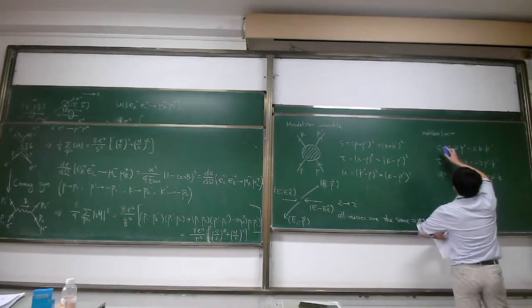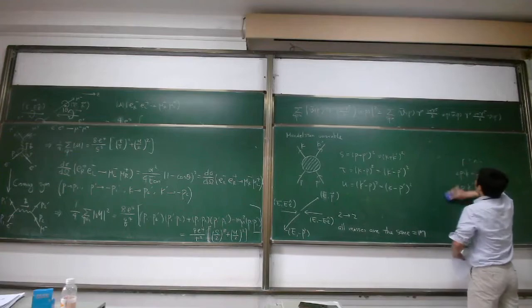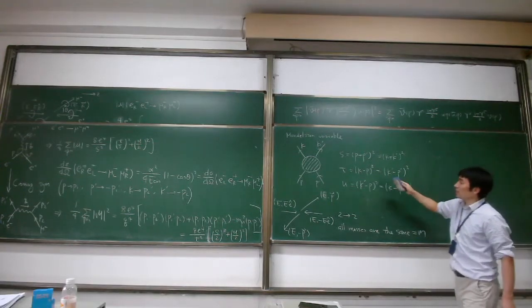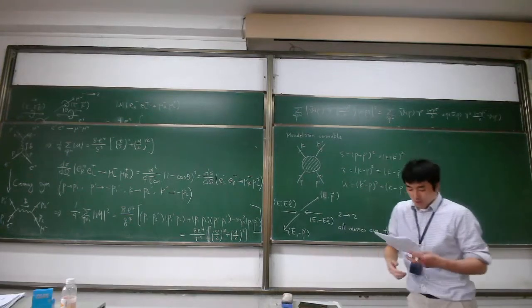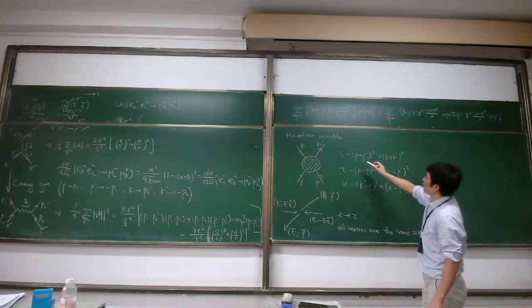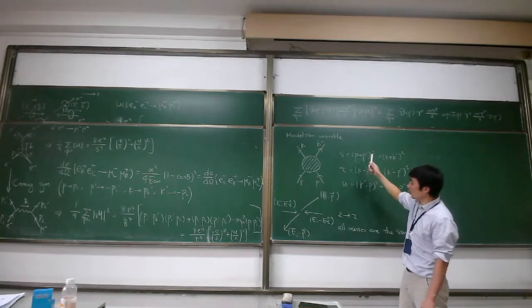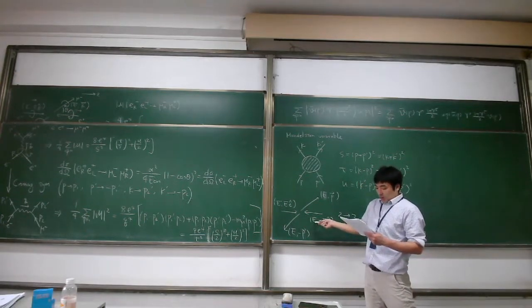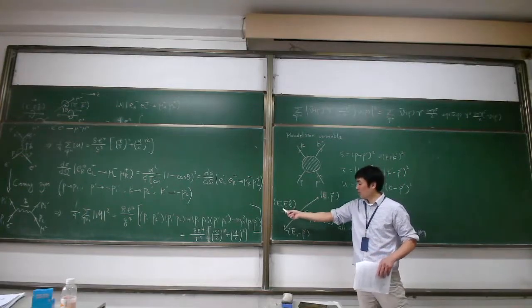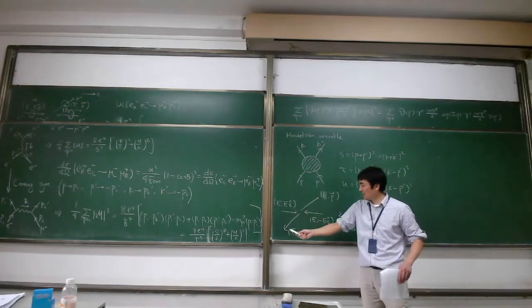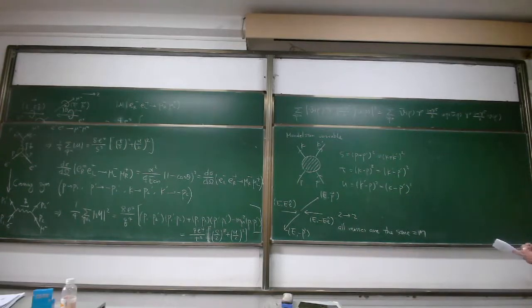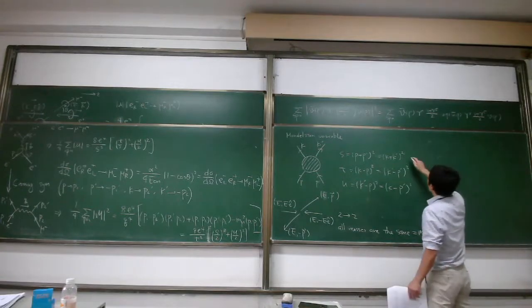Then you can easily see, you can do just honest computation. It's super easy. The first one is super easy because here you just P plus P prime square is essentially 2E square. Yeah, 2E square.